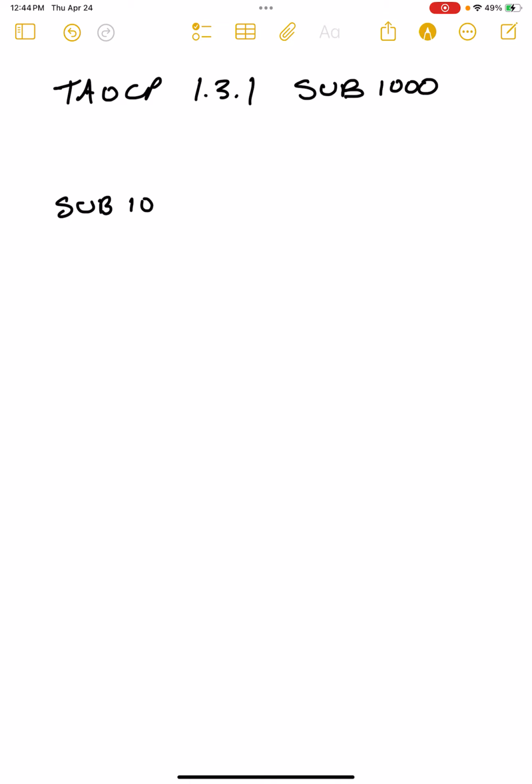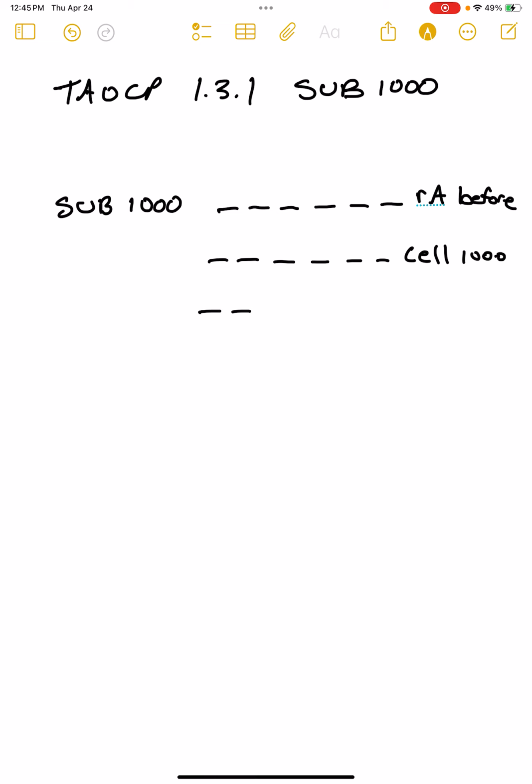Here's the operation: RA before, subtract 1,000, and here's what we're solving for, RA after.